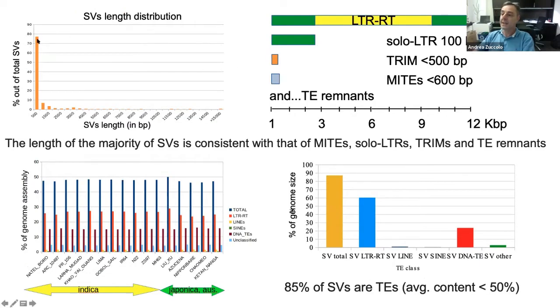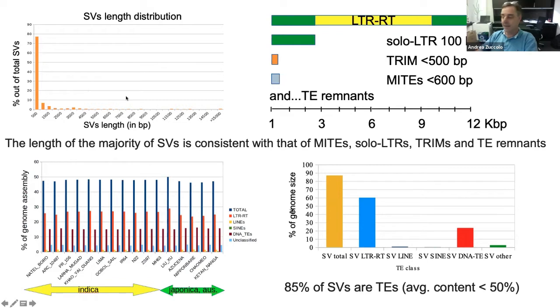We studied the length distribution of these structural variants, and the distribution is skewed towards short sequences, around 500 base pairs. This length is consistent with the length of many TE elements, such as MITEs, TRIMs, solo LTRs, and TE remnants.